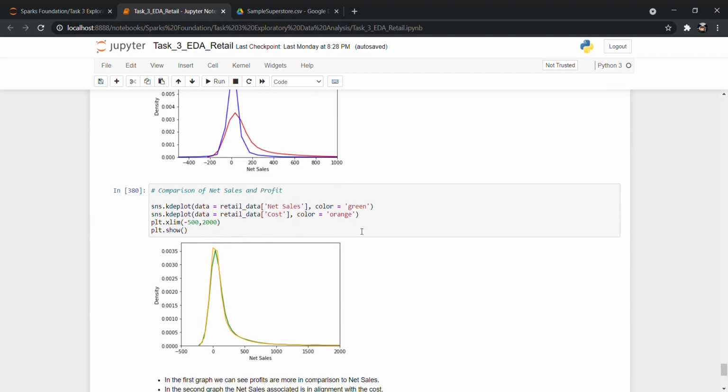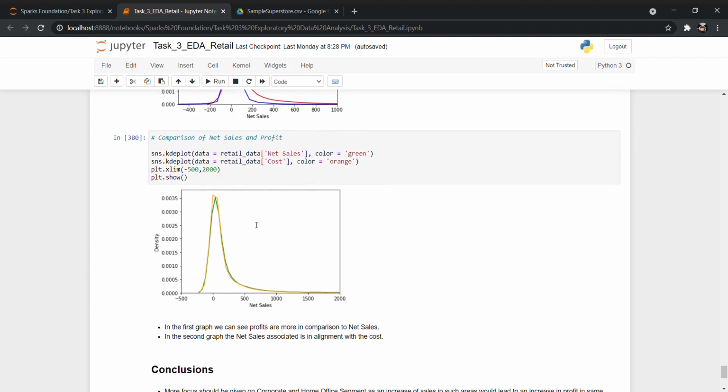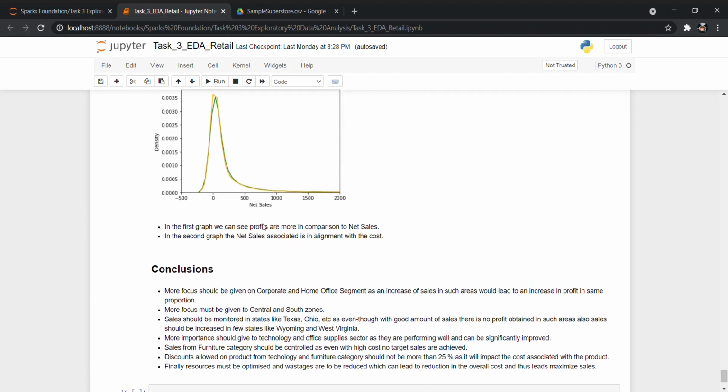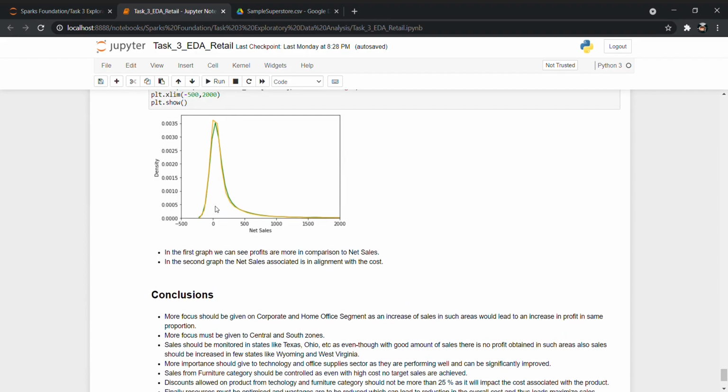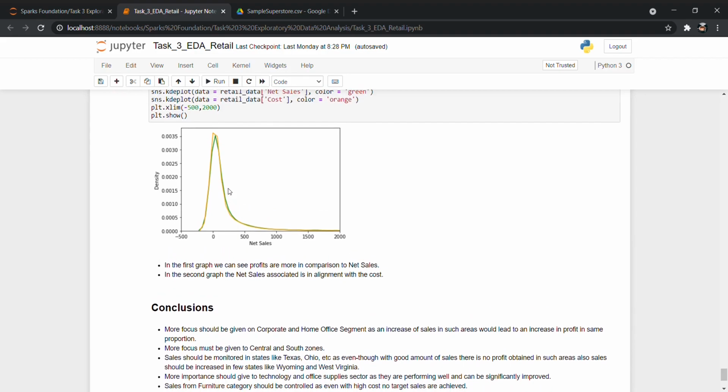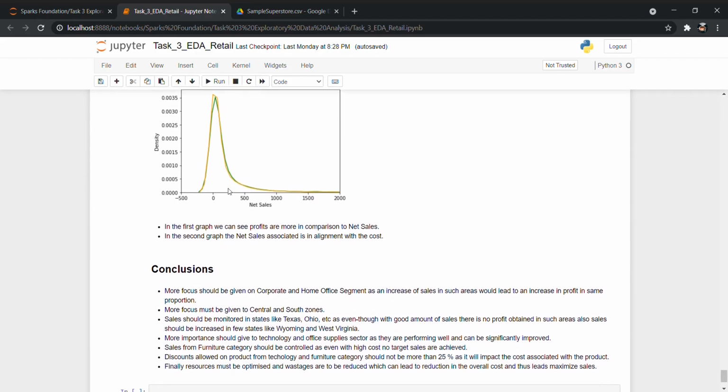And this is the KDE plot of net sales and cost, where you can see there is not much difference, or they are highly correlated.